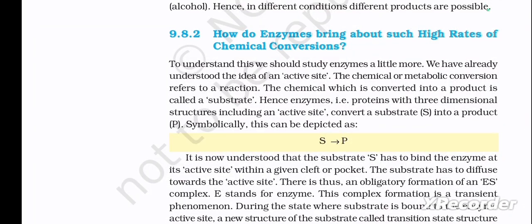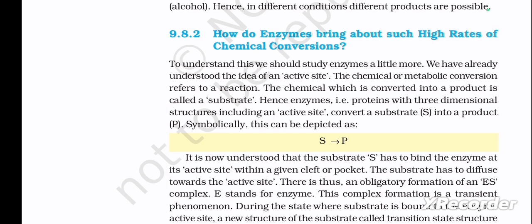Next, 9.8.2, how do enzymes bring about such high rates of chemical conversions? To understand this, we should study enzymes a little more. We have already understood the idea of an active site. The chemical or metabolic conversion refers to a reaction.